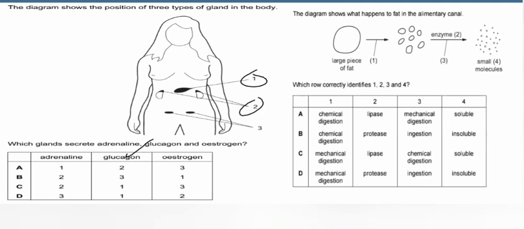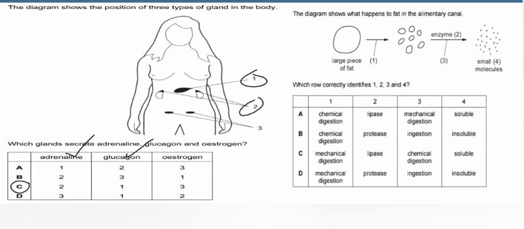So we have gland number 2 secreting adrenaline. Then the last one is the ovary. The ovaries secrete estrogen, which is 3. So we need adrenaline for 2, glucagon for 1, estrogen for 3. So the answer is going to be C.